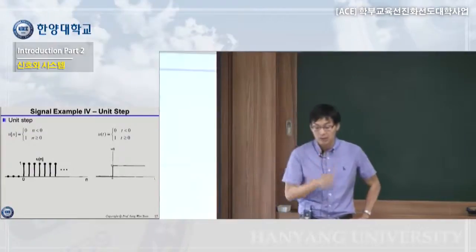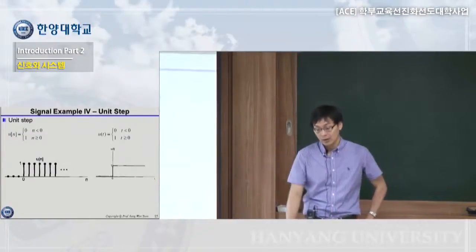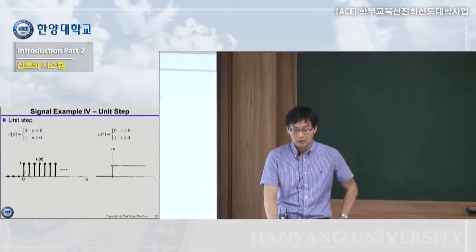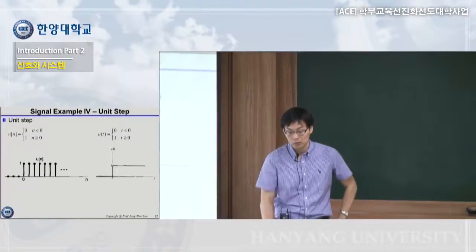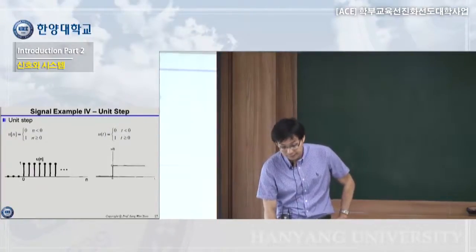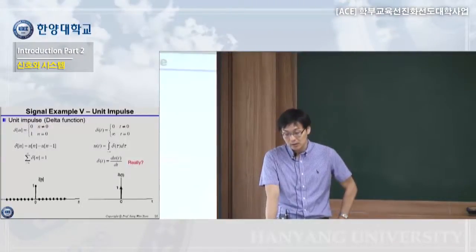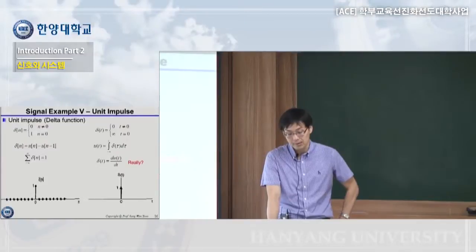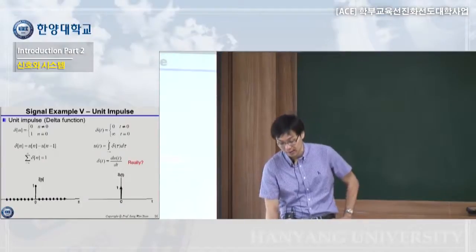The unit step function becomes 1 after the value n is larger than or equal to 0. The delta function is an impulse at 0. It is only 1 or infinity at 0. Other than that, it is 0.